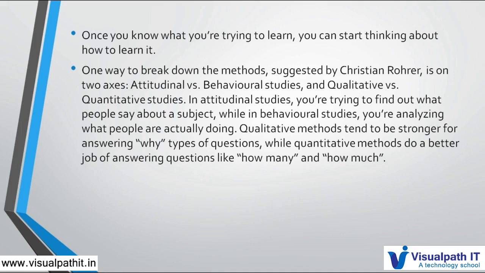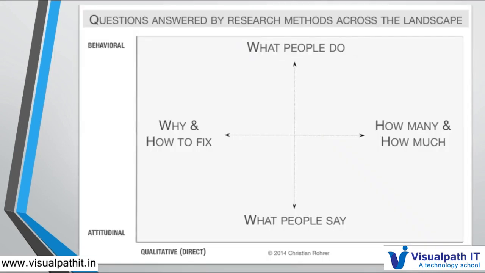Qualitative methods tend to be stronger for answering why types of questions, while quantitative methods do a better job of answering questions like how many and how much. If you see on the screen, it shows behavior, attitude, qualitative and quantitative. In behavior, it comes what people do, then why and how to fix in qualitative.